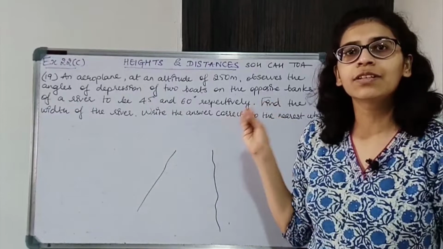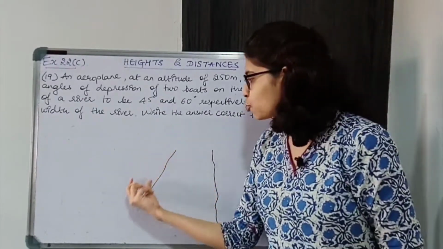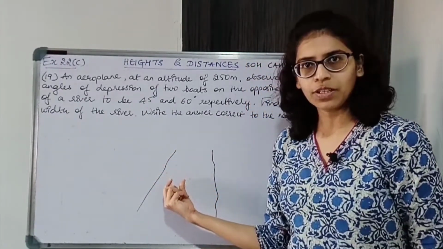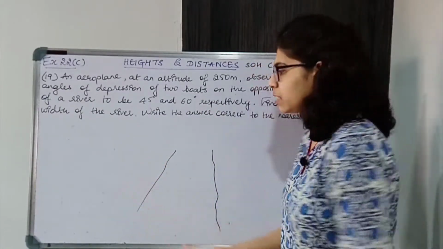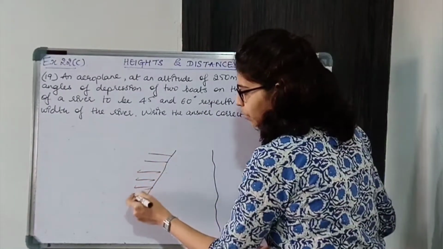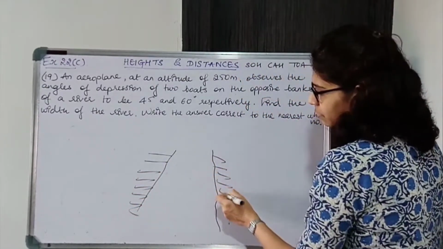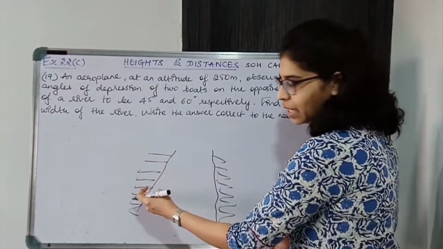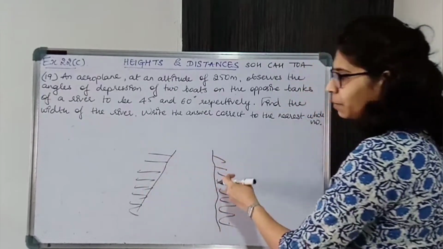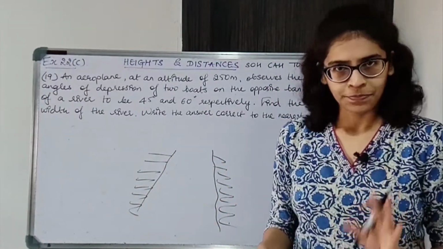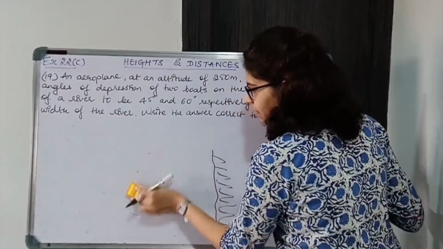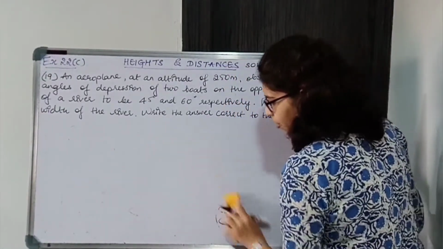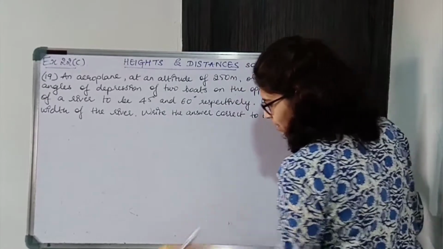The bank of the river is basically the land portion close to the river. So this land portion here, which is close to the river, is called the bank of the river. Same thing over here. So on one bank there is one boat, on another bank there is another boat. So there is a river and two boats on the opposite banks.